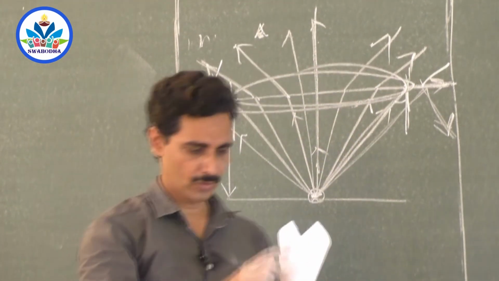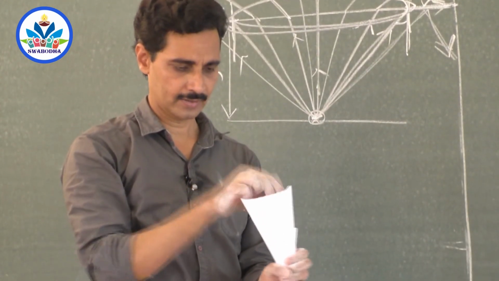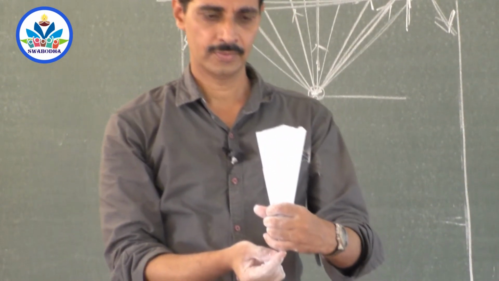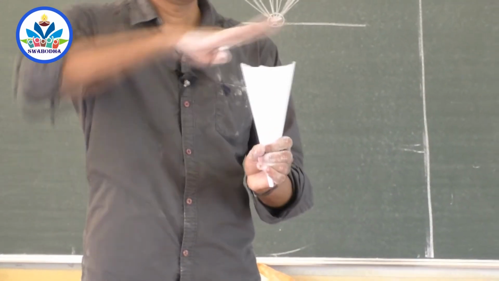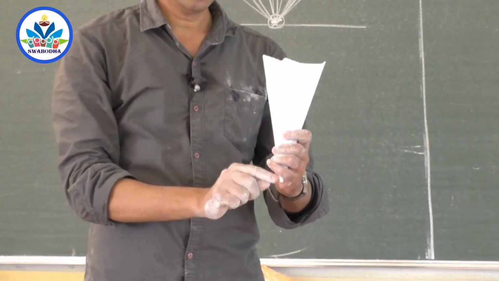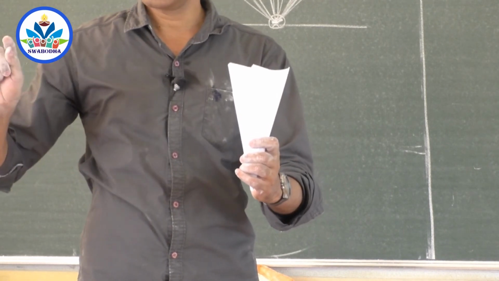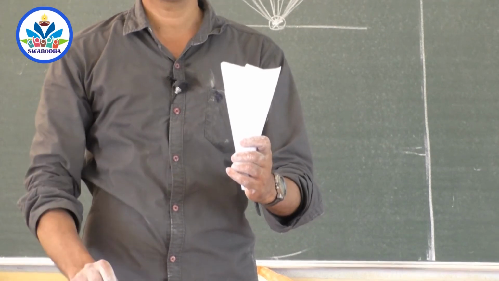If I can form a cone of rays like this, I can make the surface parallel. Yes, like this. Suppose this is the point where you have the bulb, and this is the surface of water. A ray of light coming from here undergoes grazing refraction. You can get it outside. A ray of light just outside this cone undergoes total internal reflection.